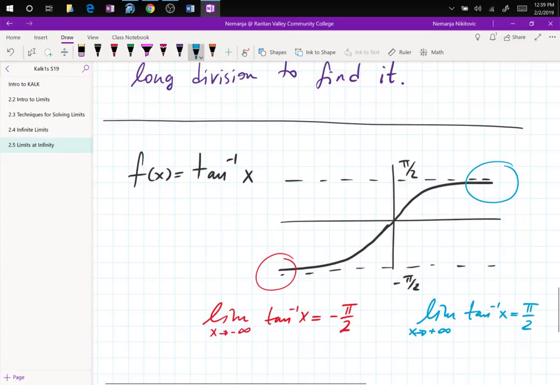So we see that this inverse tangent produces 2 asymptotes, and it's stuck in between. So this will show up. Make sure you study this example to recognize when it shows up.